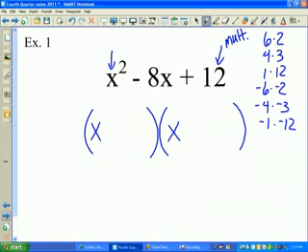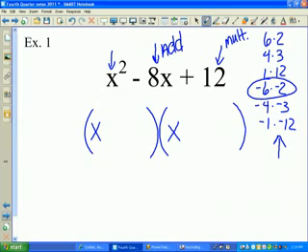Okay, so these are all the products of that positive 12. We remember we can do the negatives because negative times negative is positive. So now here's the next part. We want to know which one of these products add together will give me my middle term of a -8.